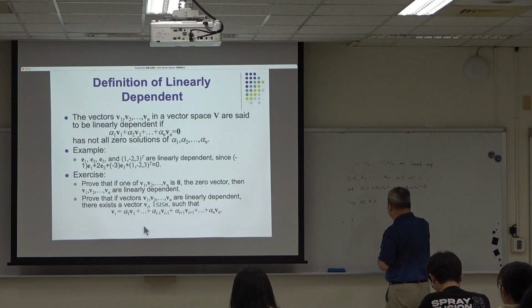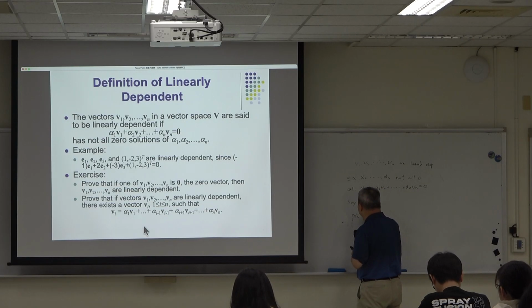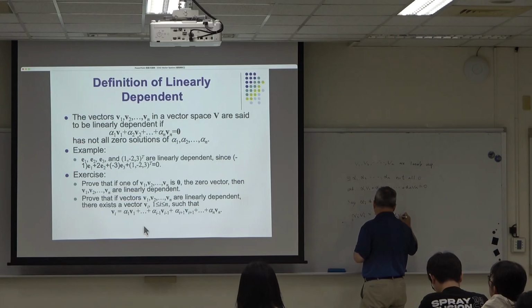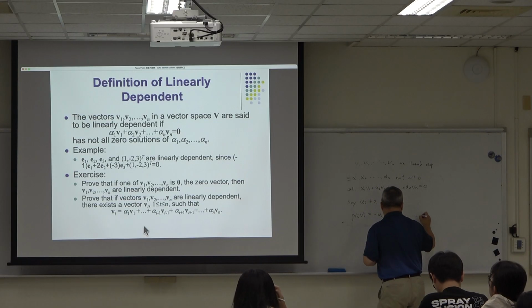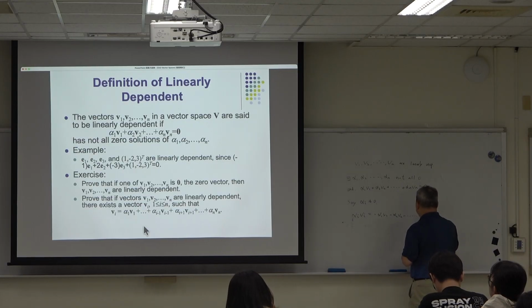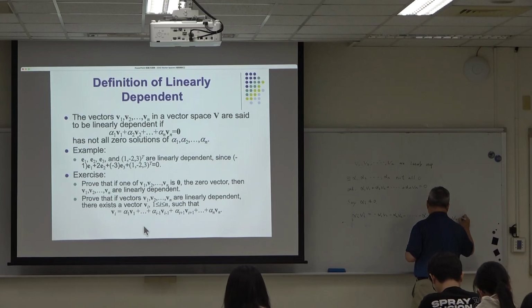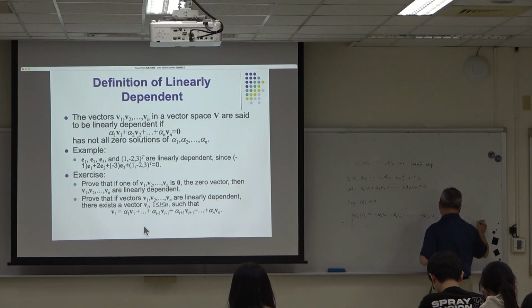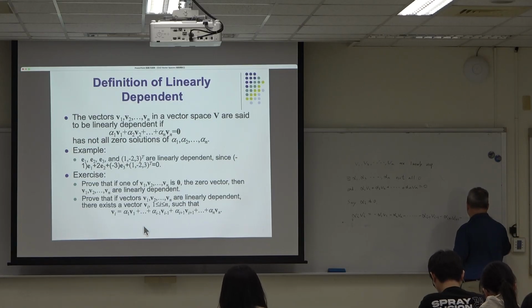Then we can write alpha i vi equal to negative alpha 1 v1 minus alpha 2 v2 minus and so on, minus alpha i minus 1 v i minus 1, minus alpha i plus 1 v i plus 1, minus and so on, minus alpha n vn, right?